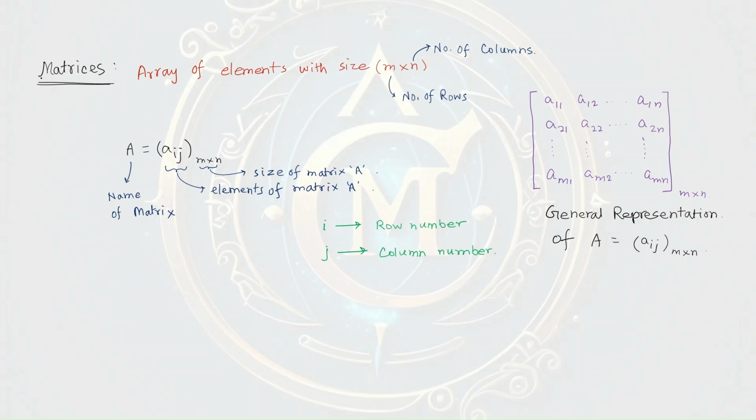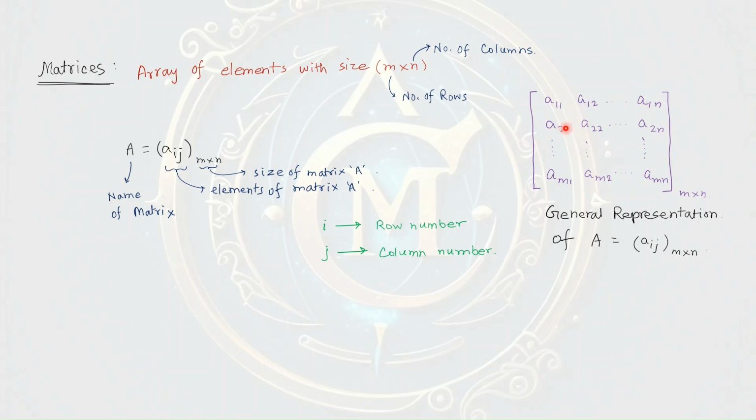The first topic we are going to discuss is matrices. So, what are matrices? Matrices are arrays of elements with size m by n, where m is the number of rows and n is the number of columns.